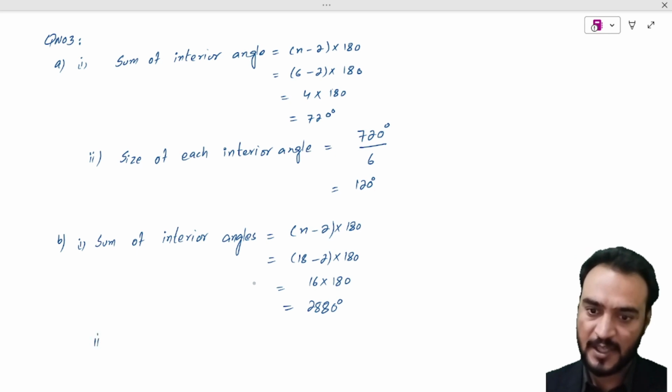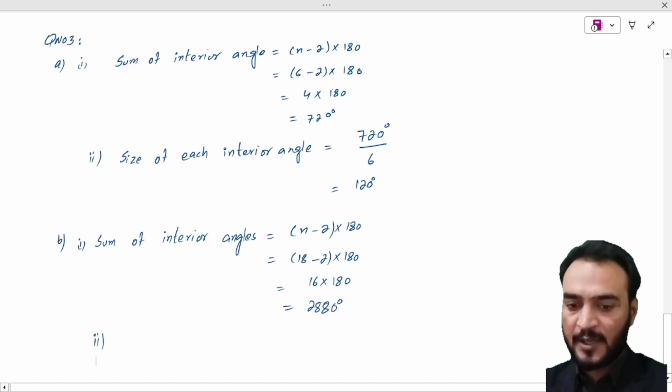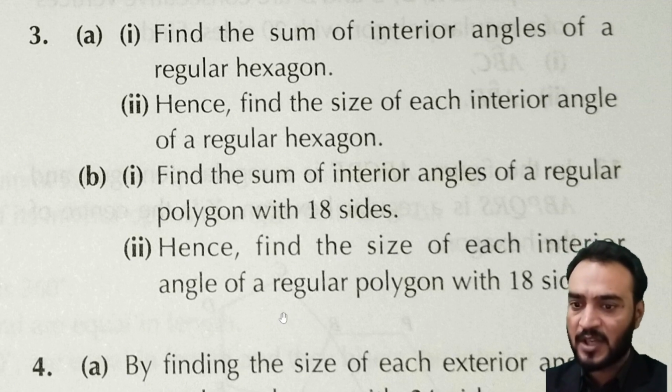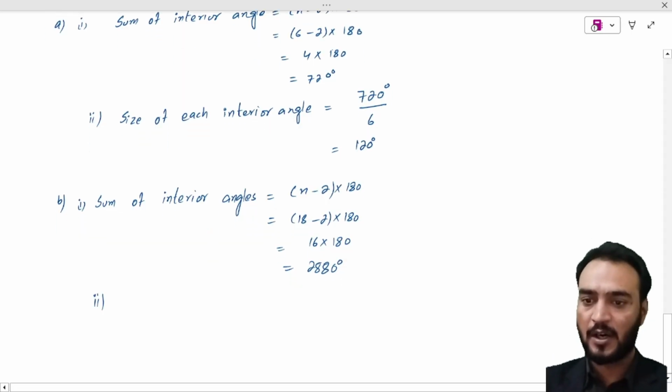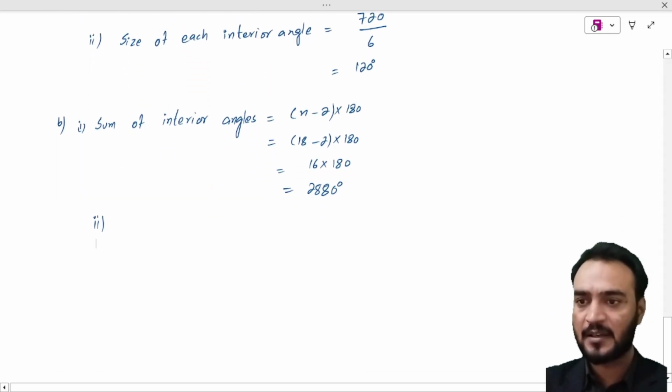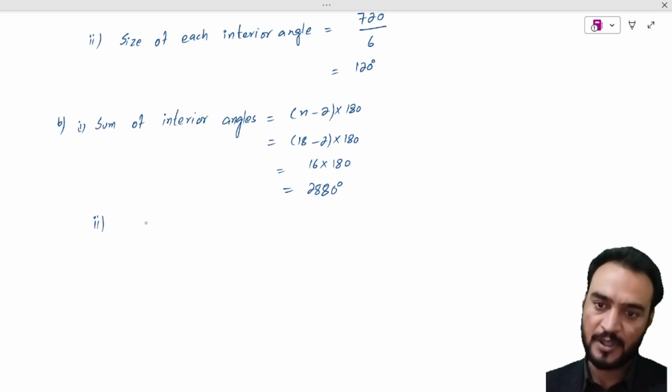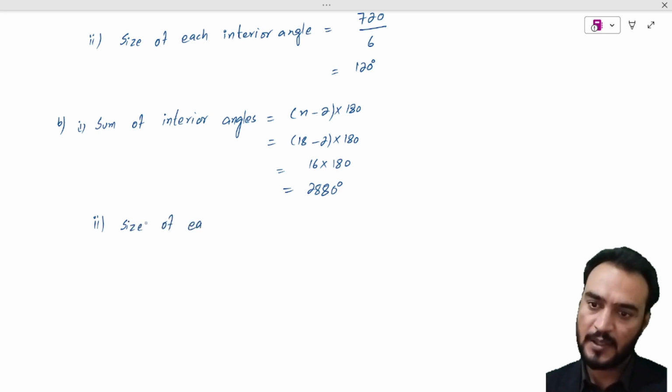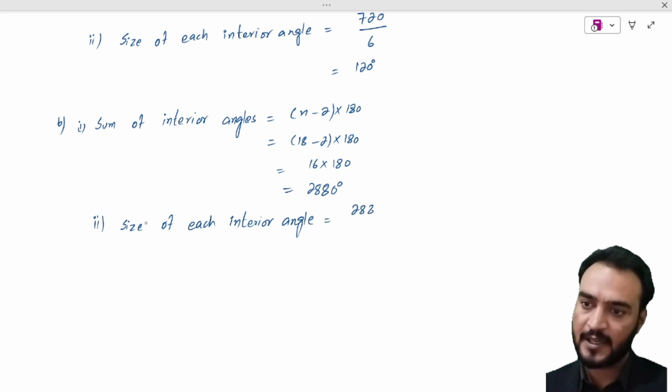Now we will solve the second part, which is: hence find the size of each interior angle of a regular polygon with 18 sides. This is the polygon whose sum of interior angles is 2880, and the size of each interior angle is 2880 divided by 18.